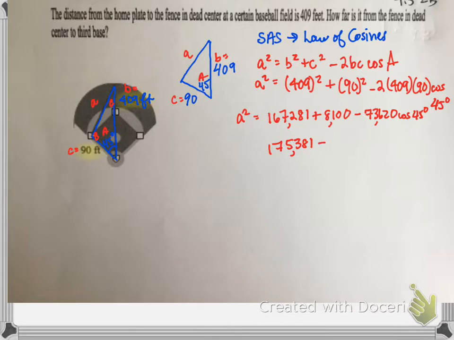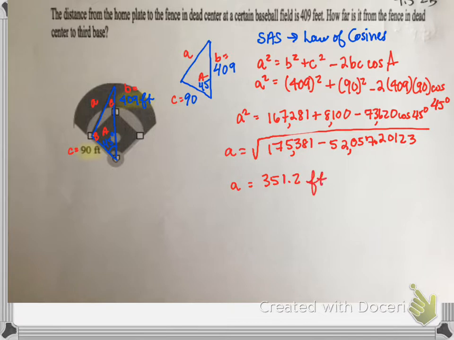And then if I take 73,620 times cosine of 45 degrees, I get 52,057.20123. Now what I'm going to do is take the square root of that, and that's going to equal A. So side A ends up being 351.2 feet. Okay, big numbers. You might have to pause the video. That's fine to get them all down.